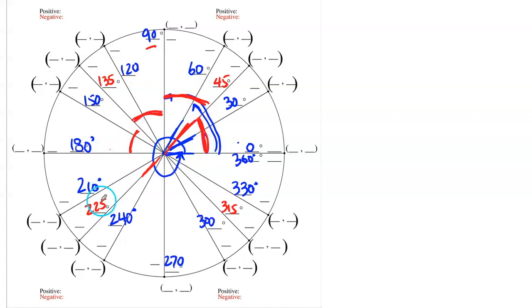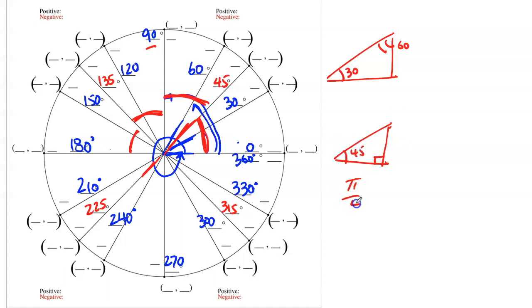Now we finished the 45s, we need the radians. We've gotta go pi radians. If we remember, we had the 30, 60, 90 triangle, and then we had the 45 triangle. 45 is pi over 4, 30 is pi over 6, 60 is pi over 3.